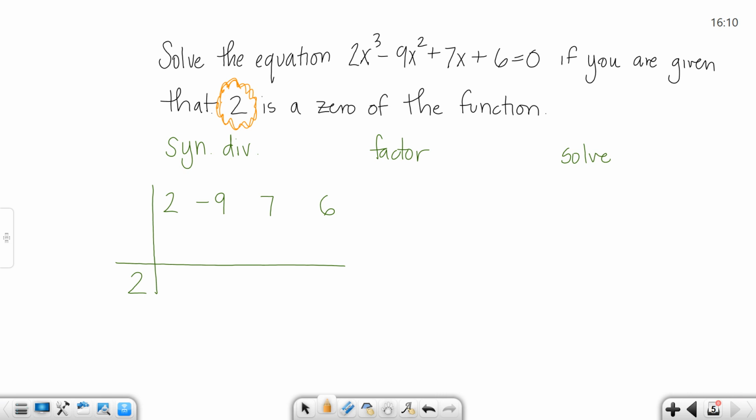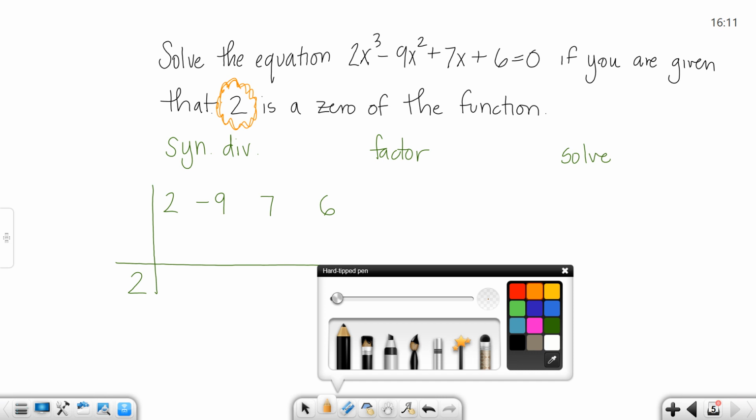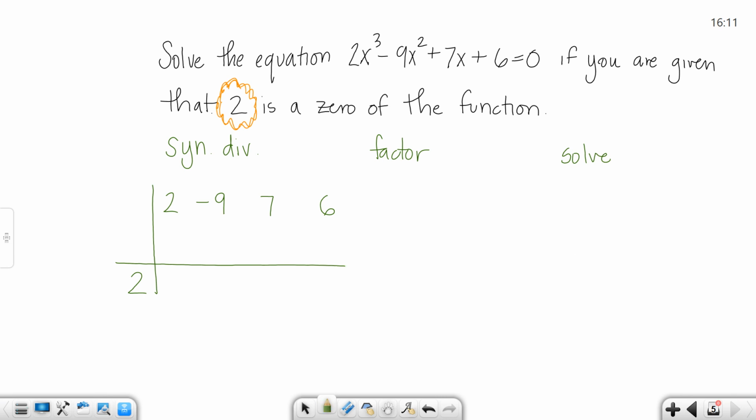In the previous slides, what you notice, I gave you the number with an x with it, whether it was x minus 4 or x plus 3 or something like that. Then you change the sign. But if I give you the number straight up, you just want to use it straight up like it says. Okay, so we're going to use synthetic division with the number 2.